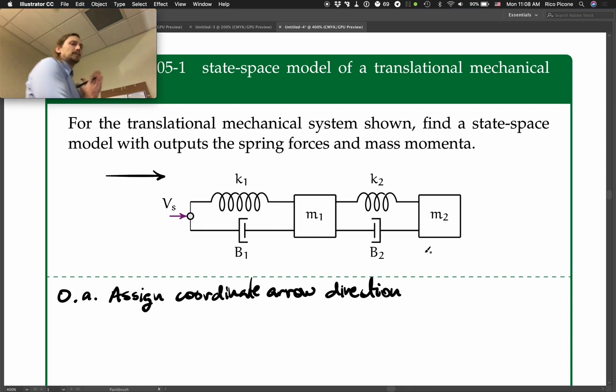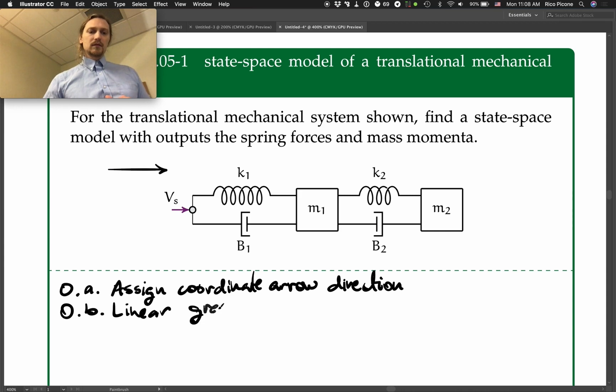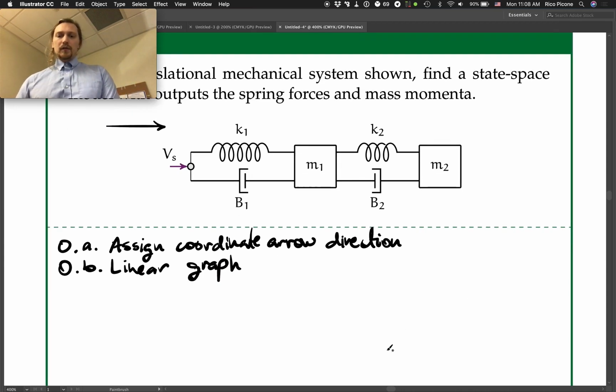So let's do part B, the linear graph. It's nice to start with our ground node, right? And let's draw our other nodes too.